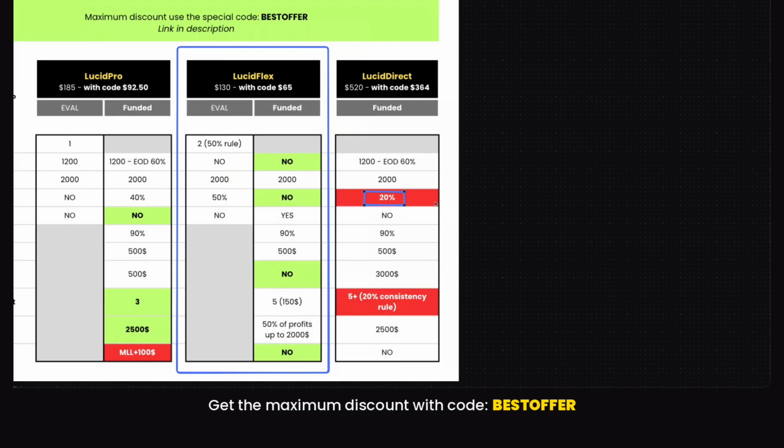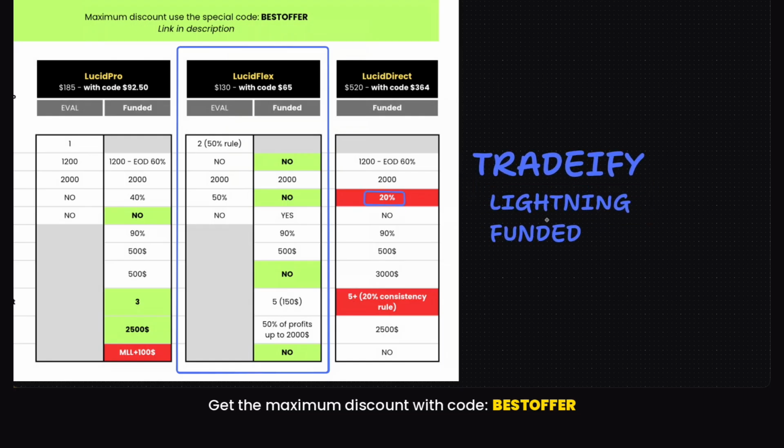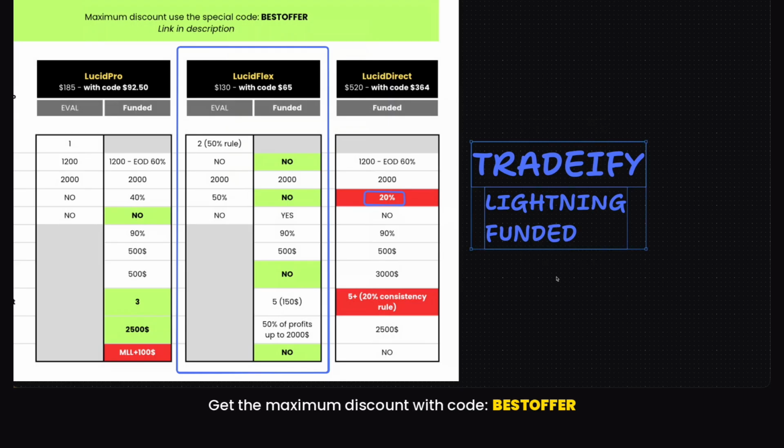But I think you have better options like Tradeify. Tradeify has a plan called Lightning Funded, and I'll give you a link in the description, that has much better rules, right? And if you really want to skip evaluation, I think you will never find something better than this, all right? So I would not talk about this Lucid Direct too much because I think that it's just not worth it.